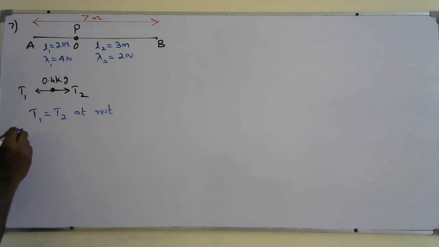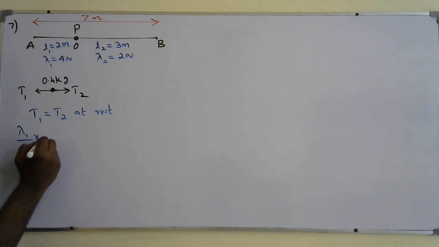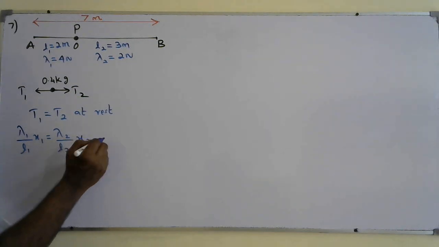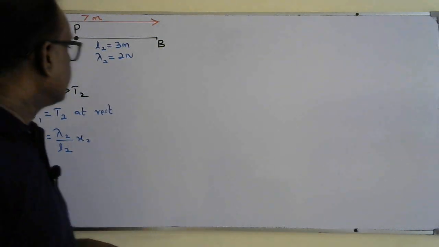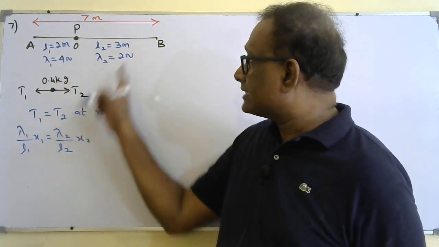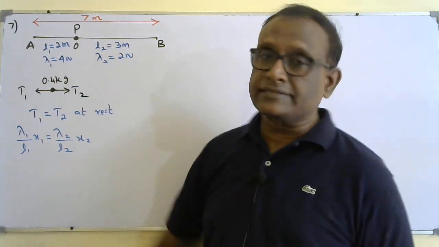Okay, so T1 means lambda 1 over L1 x1 is equal to lambda 2 over L2 x2. x1 is the extension of the left string, and x2 is the extension of the right string, OB. Right.